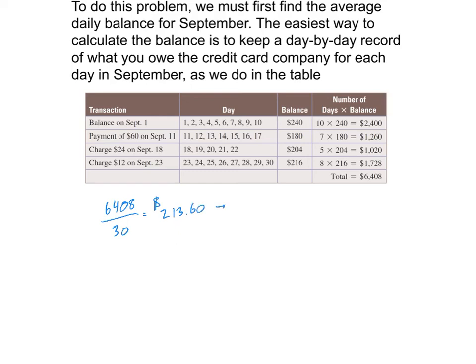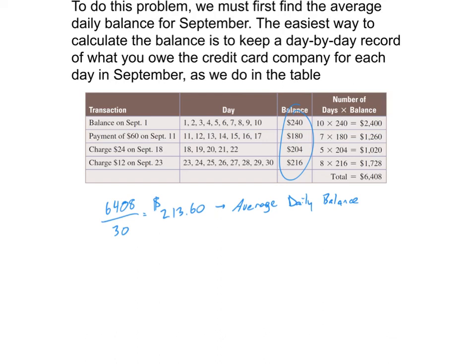And that number is my average daily balance. Okay, and you should see that it's higher than the lowest balance and lower than the highest balance. It's somewhere within that range of numbers, and it absolutely should be. Okay, so once we get the average daily balance, now we can compute the interest based on that number.